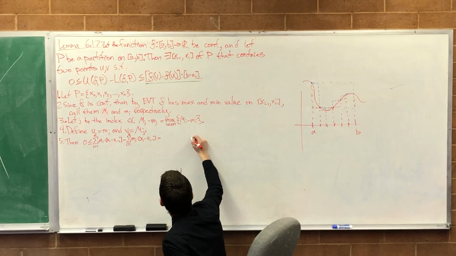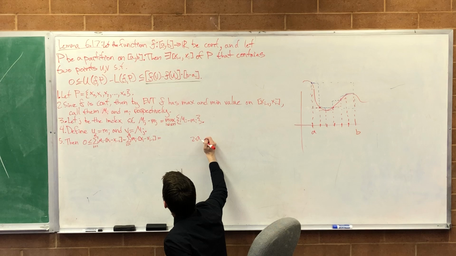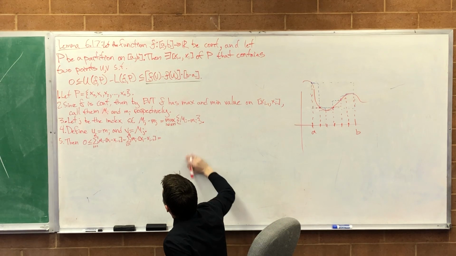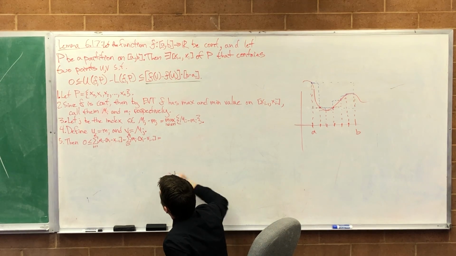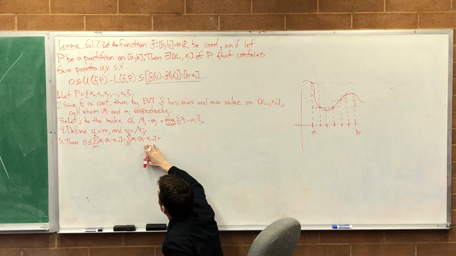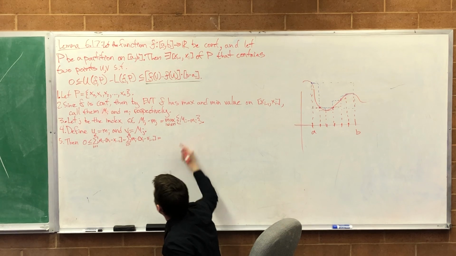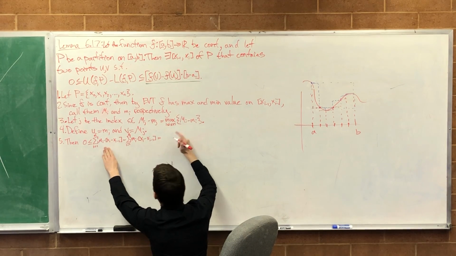If I have 2 times a plus, let's see, what's the easiest way to see this? Because those numbers are going to change. But they're going to be the same number. Maybe keep these the same for a second to help us see it.